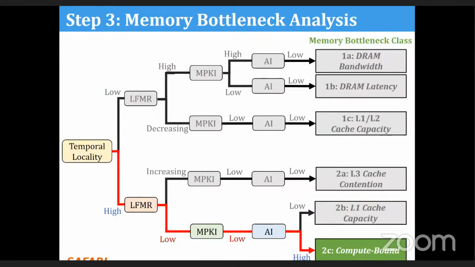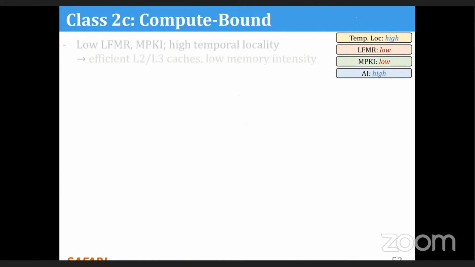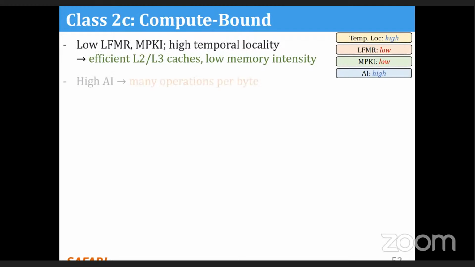And finally, compute-bound applications, class 2C. These are good at exploiting the deep cache hierarchy of the CPU, and they also have high arithmetic intensity. If you have higher arithmetic intensity, or operational intensity, it means that you're using the core a lot, and you don't have to go so frequently to memory to grab more data.